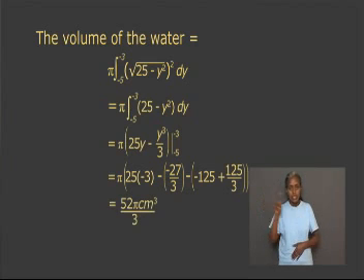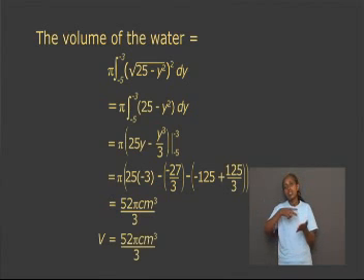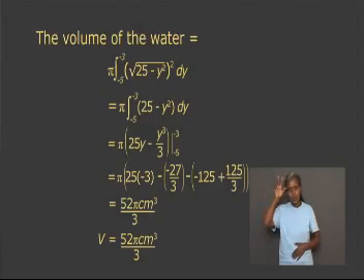This equation simplifies to 52 over 3 times pi. Therefore, the volume of the water in the bowl is 52 pi over 3 pi centimeters cubed.